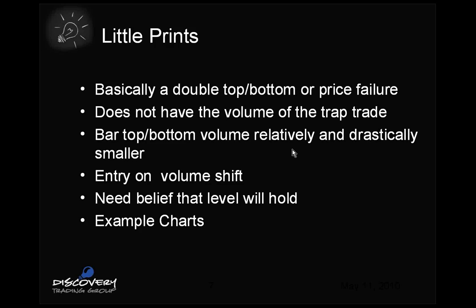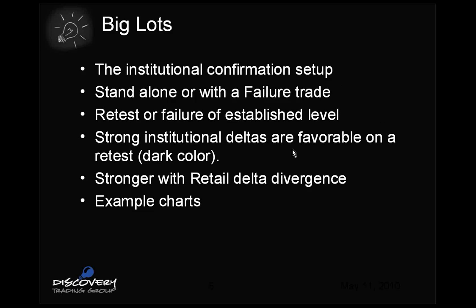The last setup, and again, it's not really the setup, but one that you combine with all of these things and use as an alternative sometimes, is what we call Big Lots. I think there's a retail chain called that, so hopefully they won't litigate us. But this is what we call the institutional confirmation setup.